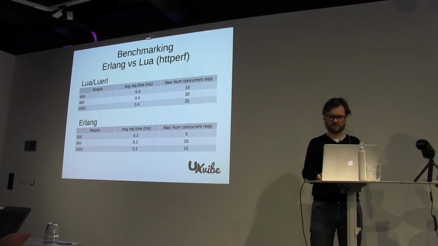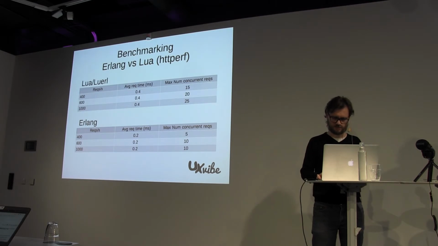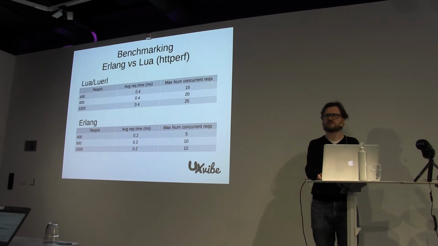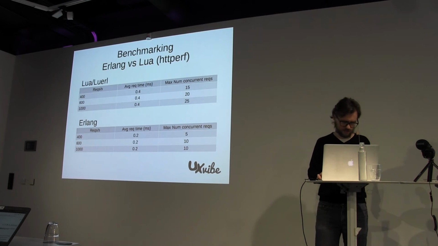We tested before with at least several hundreds, but no, several thousand, sorry. Actually, I couldn't get very interesting numbers because the load generator, HTTP perf, kept crashing on me.